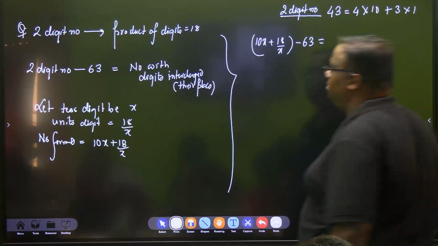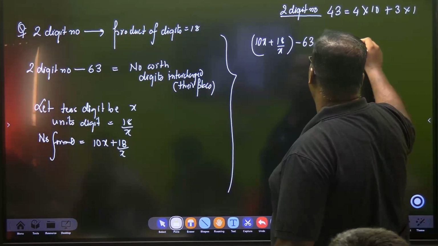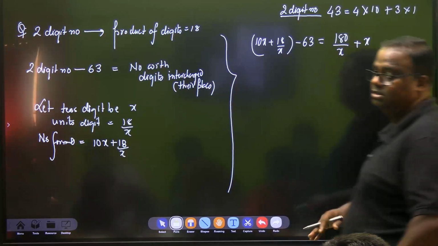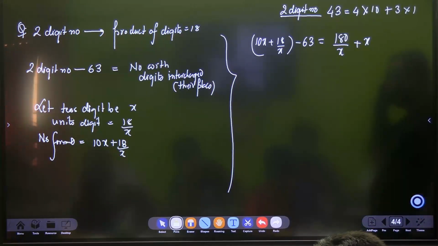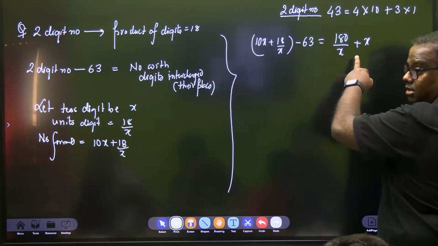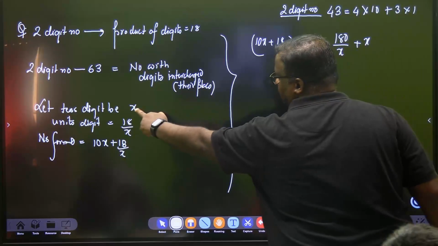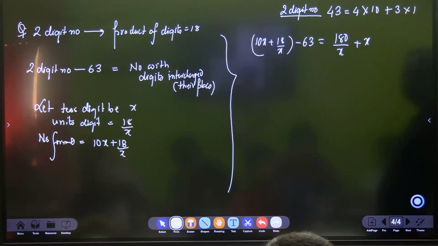Digits interchanged means now your number will be 180 by x plus x. If you interchange, the units digit becomes the tens digit, so this digit is multiplied by 10 and you add the other digit. This is your equation which you have to solve. Can you?